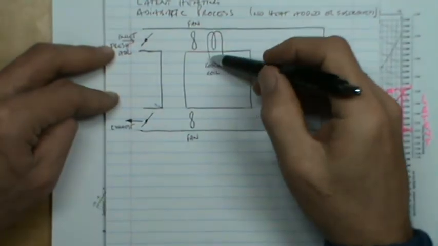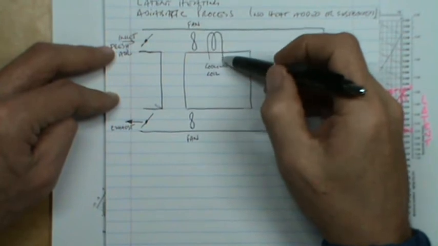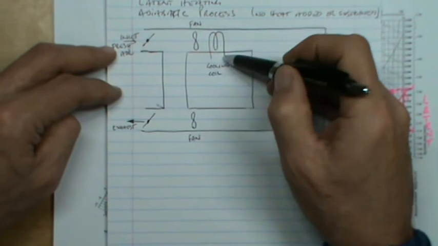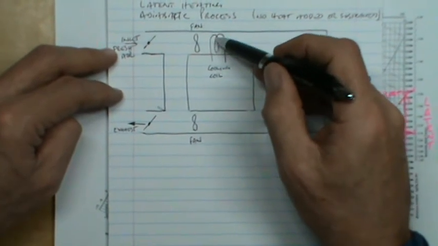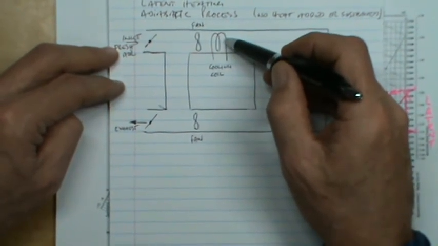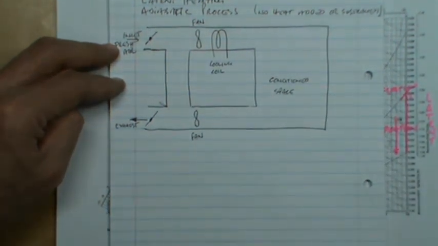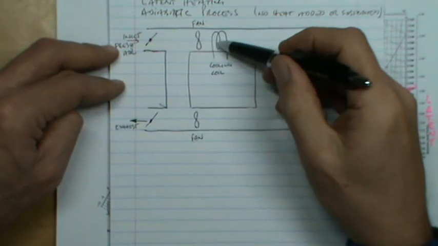Sometimes the coil is a direct injection, which means that the refrigerant is running directly in that coil and it's cooling the surface. Or sometimes you will run water through it or brine through it that has been chilled.